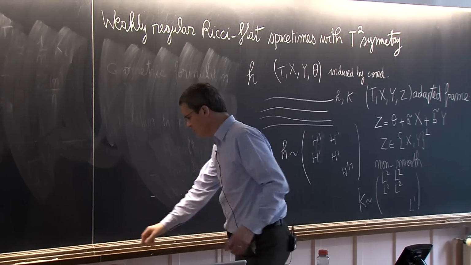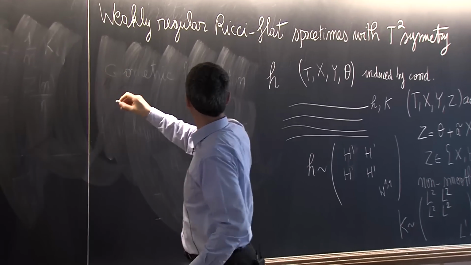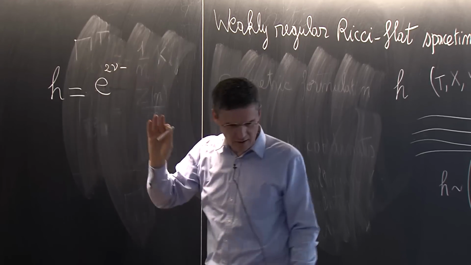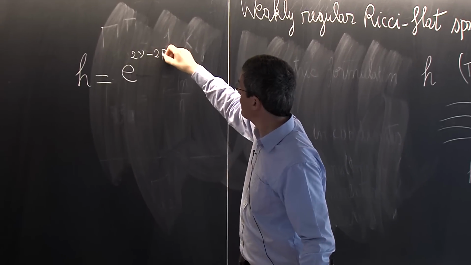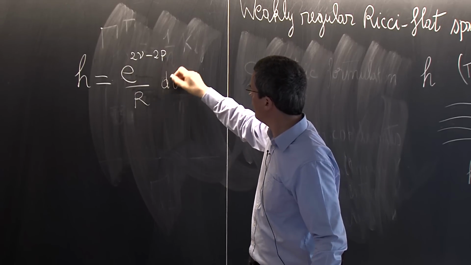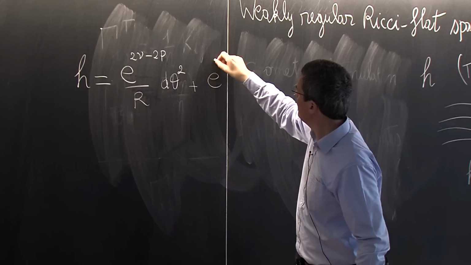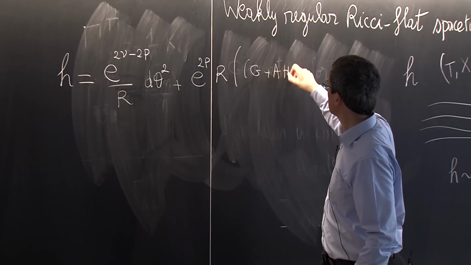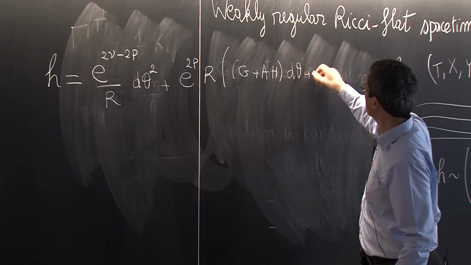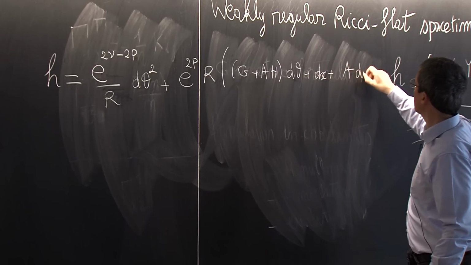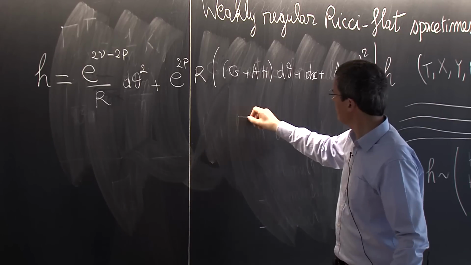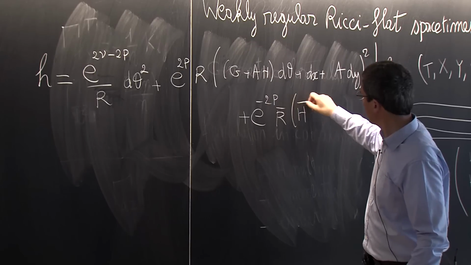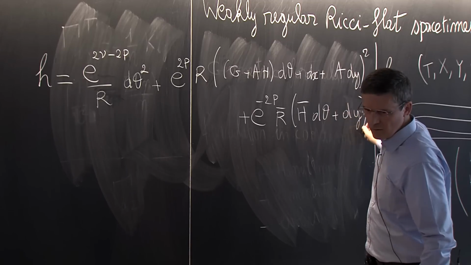Okay, so let me write the expression for the metric. So the metric on the slice, H, will be given in this form: e^{2ν}/R dθ² plus e^{2P} R (dθ plus A dy)² — I think we have one more term, which is e^{-2P} R (dθ plus dy)².